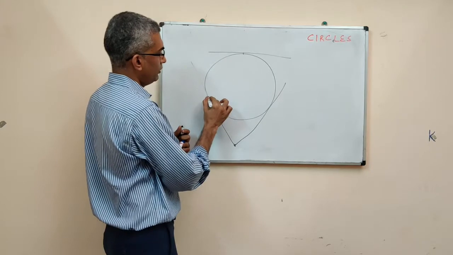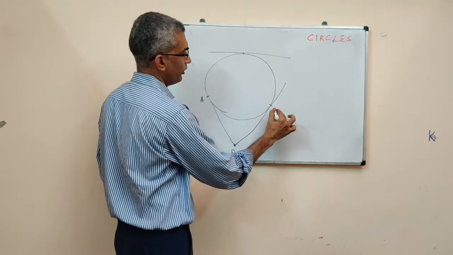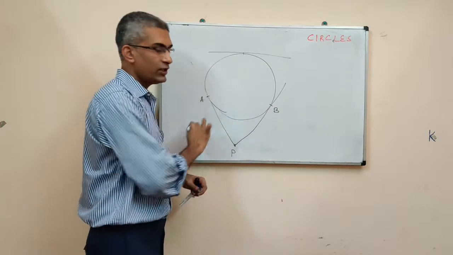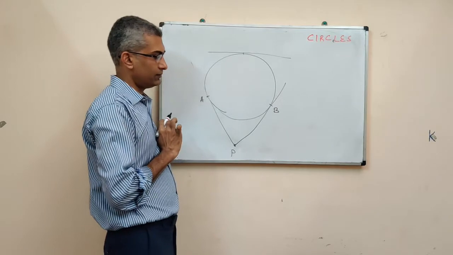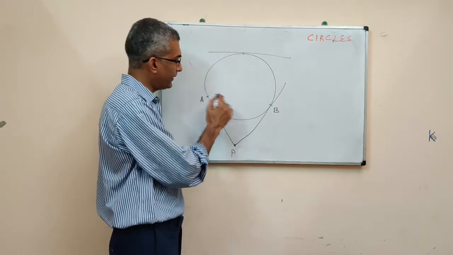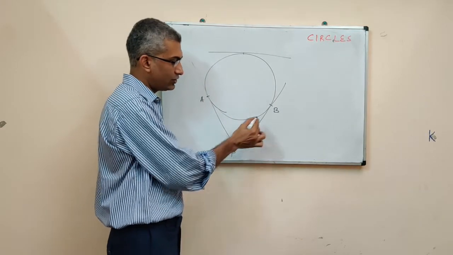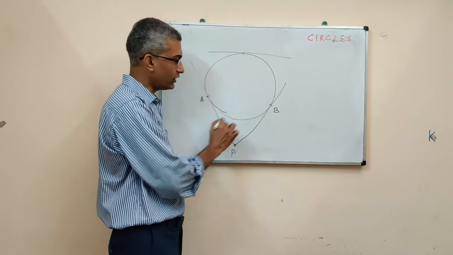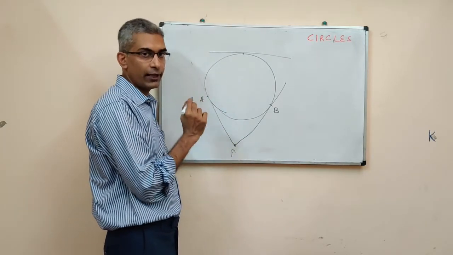If I have a point P here, if I say this is point A and this is point B, both these tangents PA and PB will be of the same length. You can prove that. I'm not spending time to prove that here. Just keep in mind, if I draw a tangent from a point P to a circle, I can have two tangents, and both these tangents will be having the same length.